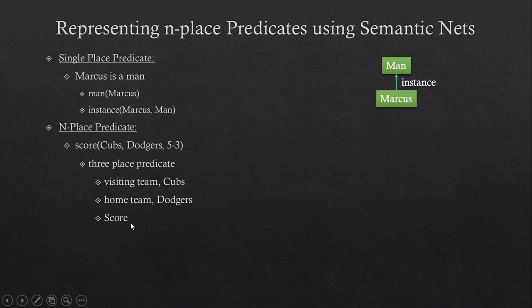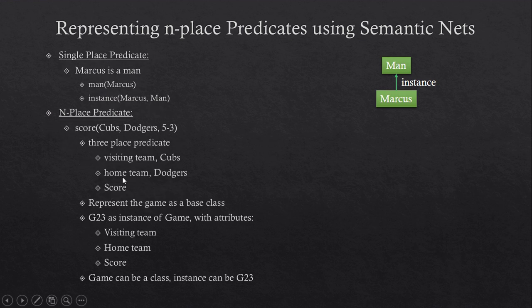How we do this is a very beautiful trick. We represent this particular game as an instance of games. Say supposing this was the 23rd game in the league. Then we create a base class game and its instance G23.